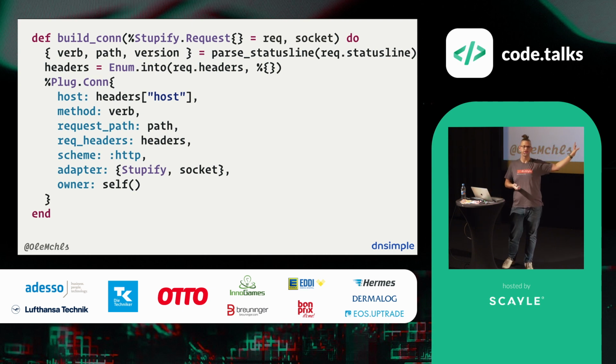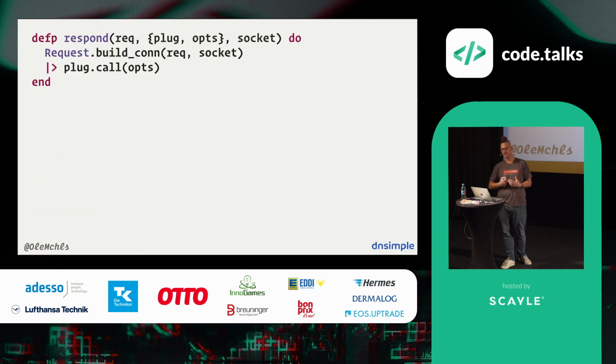And then also the owner of the connection, which in our case is just the process we are running in currently. So jumping back to respond, we now have built this connection, and we are passing this Plug connection to Plug. This is how we connect it all together. We have just built from our web server implementation the Plug connection struct, and pass it to whatever we have received from Plug.